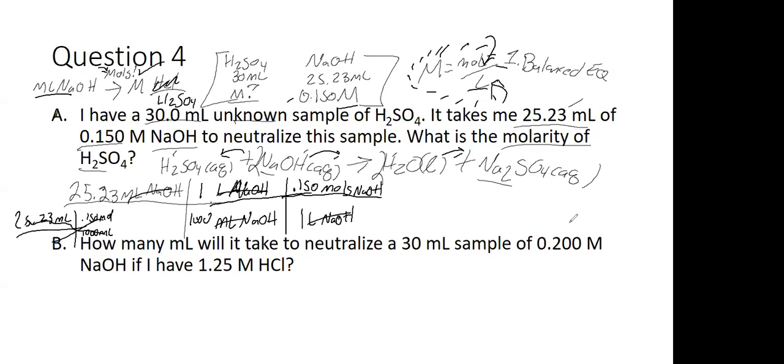Okay, so once we're in moles of NaOH, I can go to moles of H2SO4 from my equation. My equation says for every 2 moles of NaOH I have, that's 1 mole of H2SO4, right? So I can solve for that, and this is why I love the train tracks, my units all cancel out.